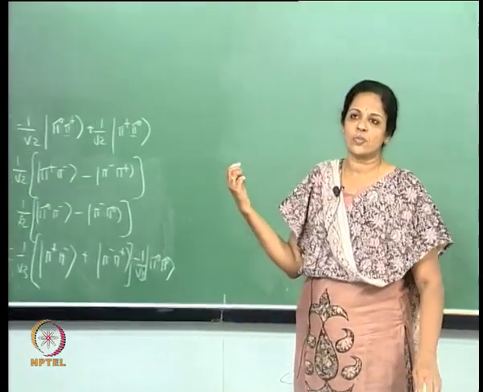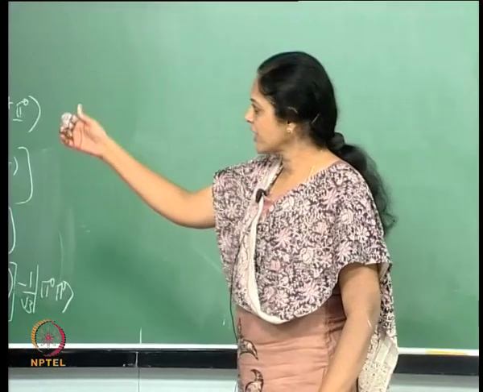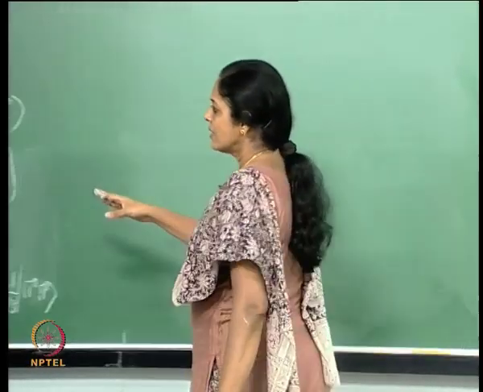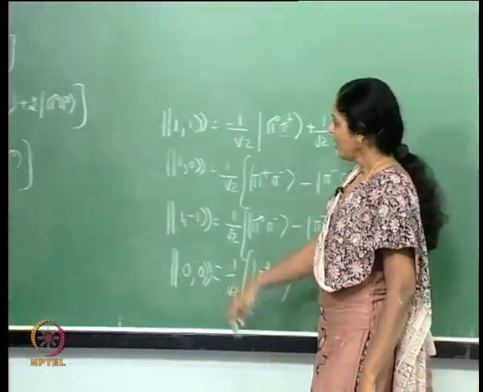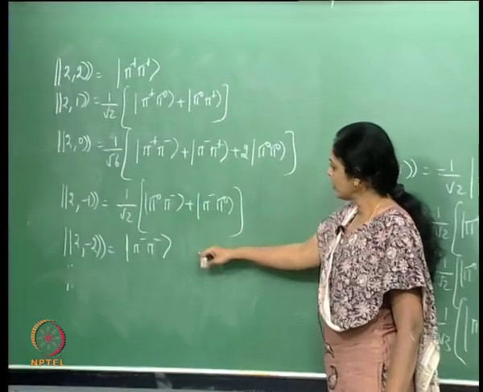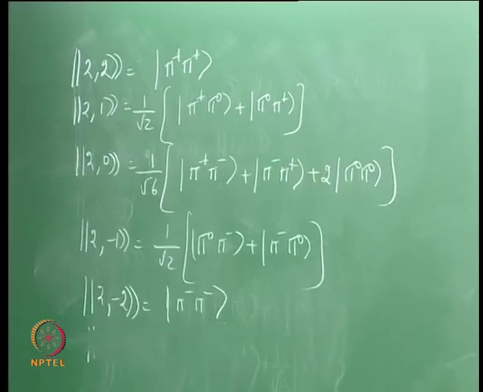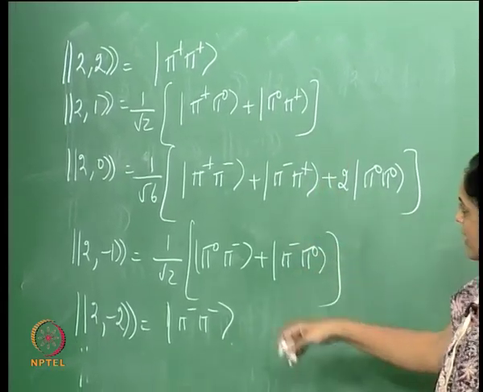Whatever I say for isospin also holds for any J1 and J2, but in this context we will be discussing a certain consequence. I have already mentioned it, the Bose symmetry. But now coming back to this set of states, it is symmetric under interchange of M1 and M2, or the third component of isospin in this context.